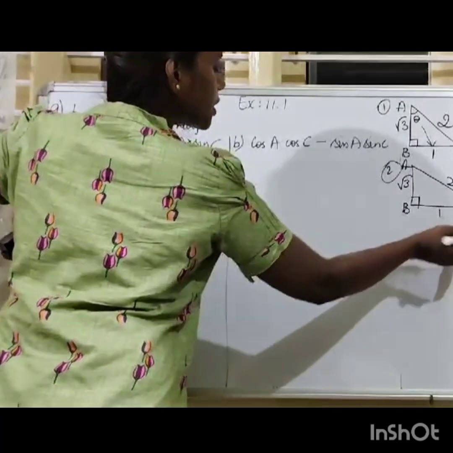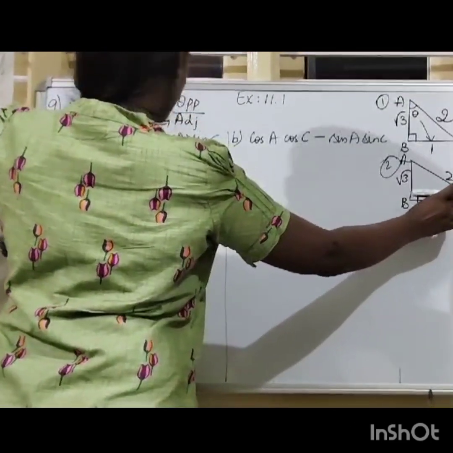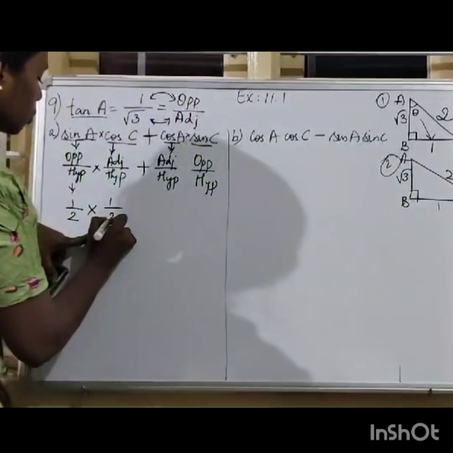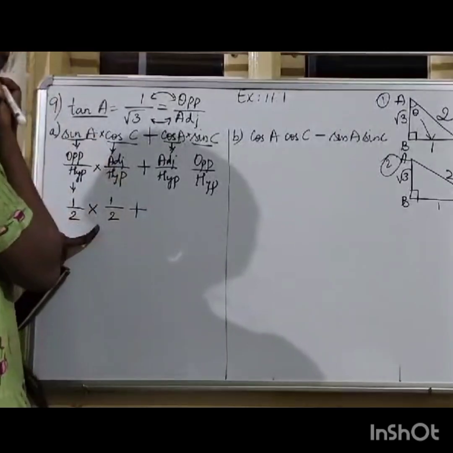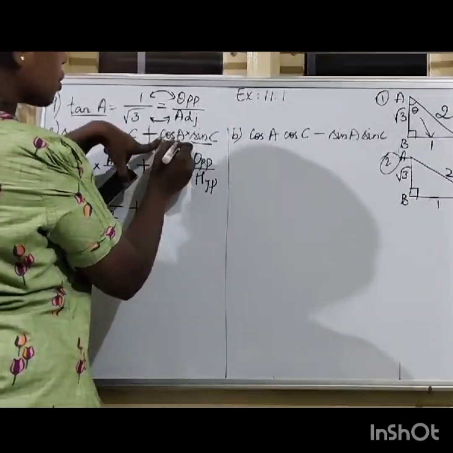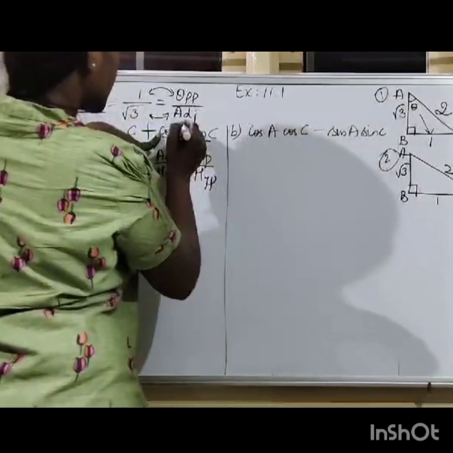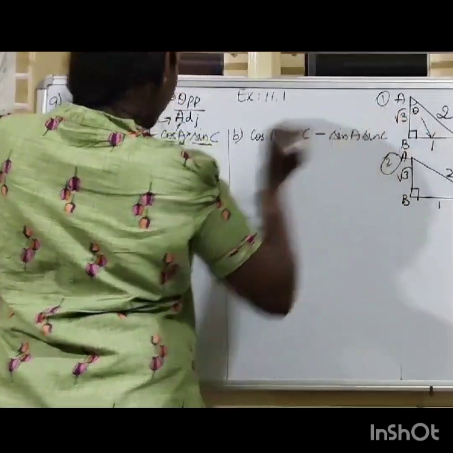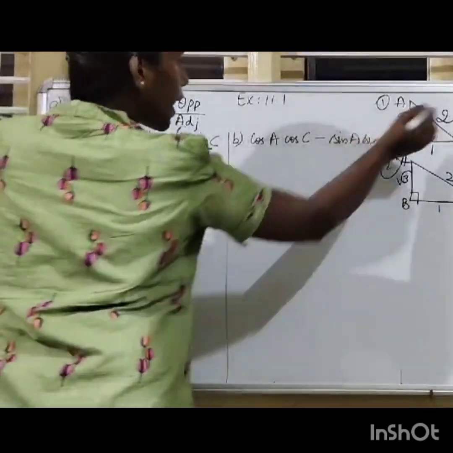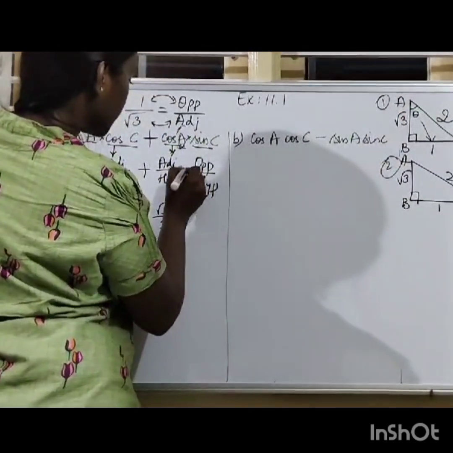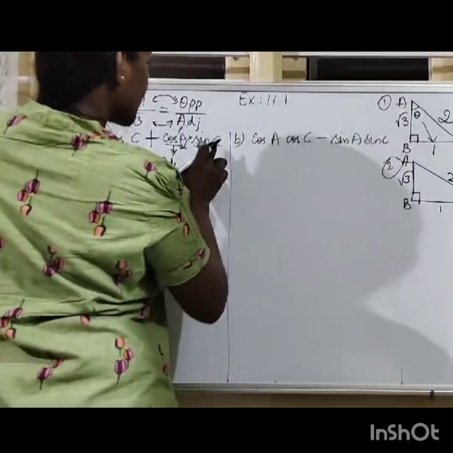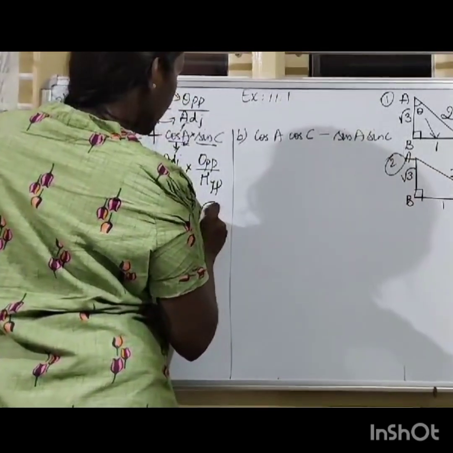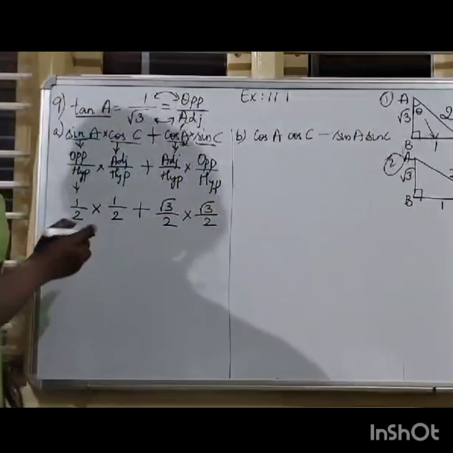So we will be looking for this right angle triangle. Cos C adjacent 1, hypotenuse is 2, plus cos A. For cos A we will look for this triangle because theta is A. So in this triangle cos A will be adjacent root 3 by hypotenuse 2 into sin C. This triangle opposite is root 3, hypotenuse is 2.